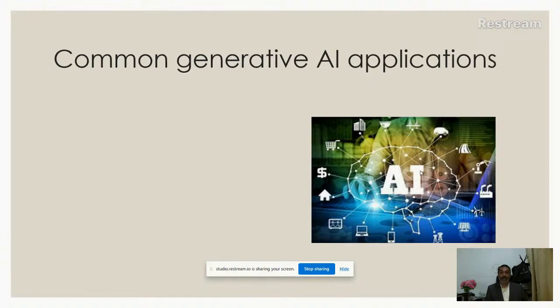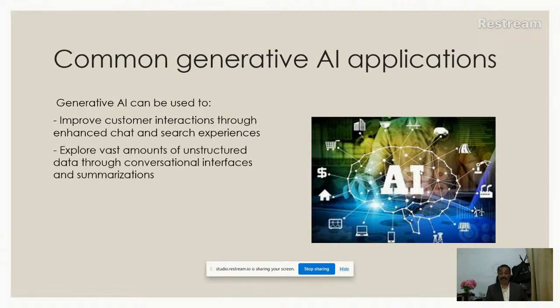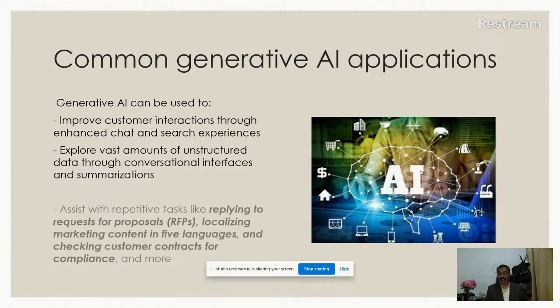Common generative AI applications, apart from what we saw, ChatGPT or chatbots in many organizations or websites, include much more, for example improving customer interaction through enhanced chat and search experiences, and exploring vast amounts of unstructured data through conversational interfaces and summarization.